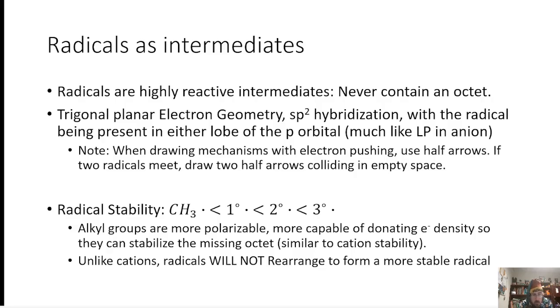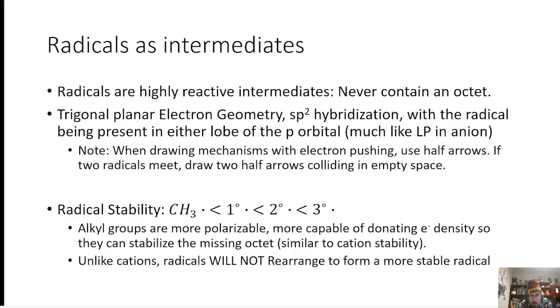It has to do with the fact that we're missing an electron, and so we want something that can donate electron density to help stabilize us. So alkyl groups are more polarizable, more capable of donating electron density, so they can stabilize this missing octet. But unlike cations, radicals will not rearrange to form a more stable radical.